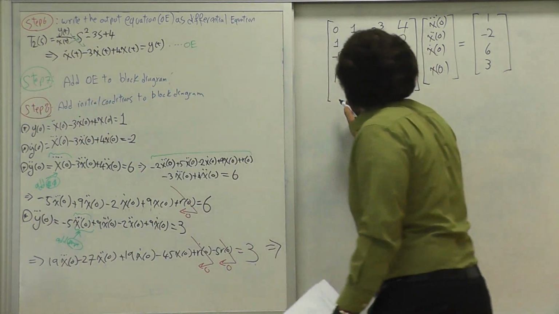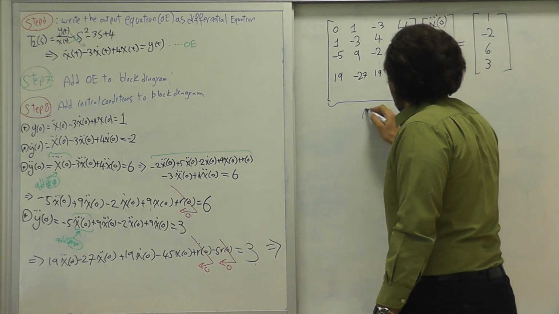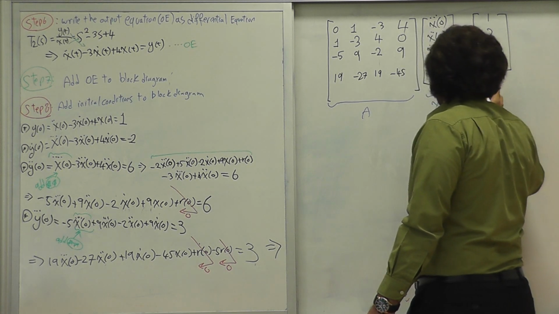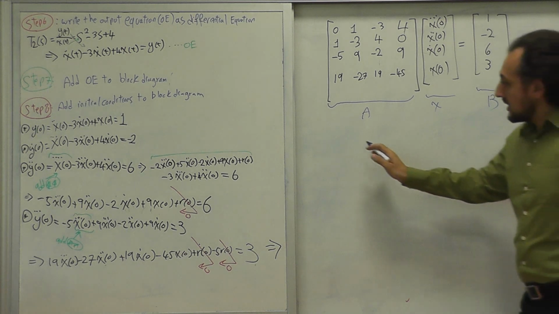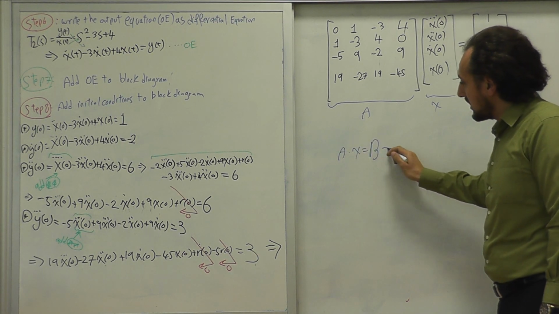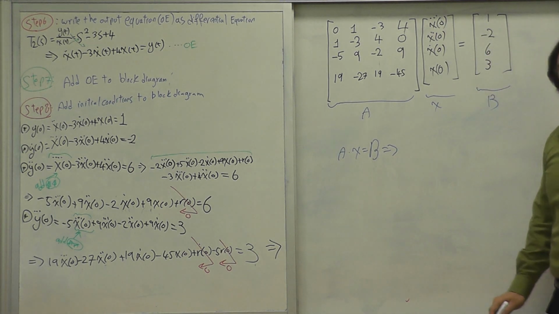Then it's very easy here. You can use MATLAB or any program. So A multiplied by x equals b. A x equals b. Then what is x? How can I get x?